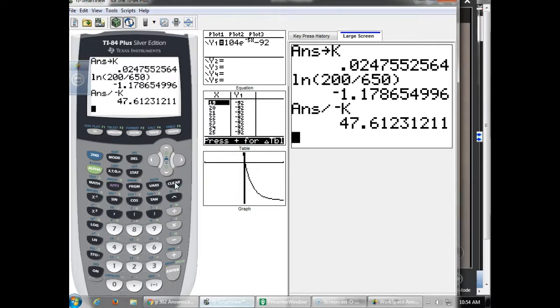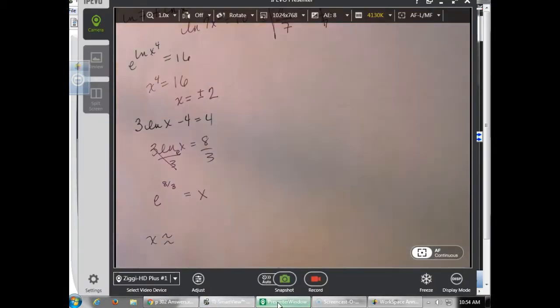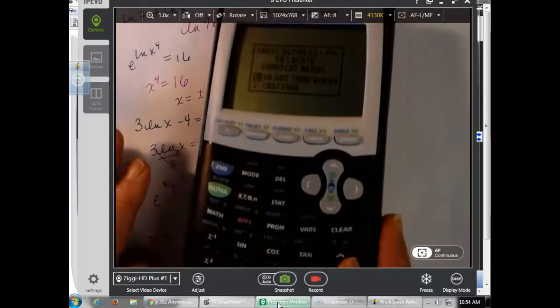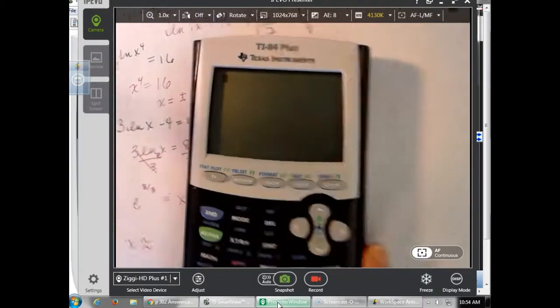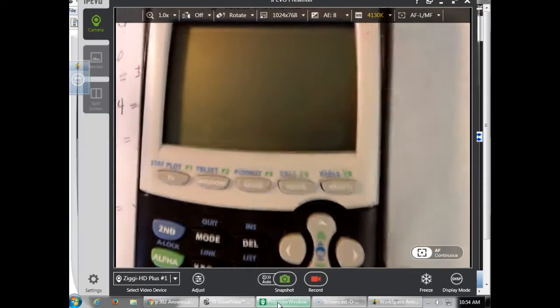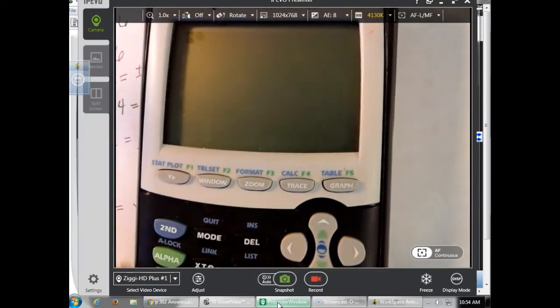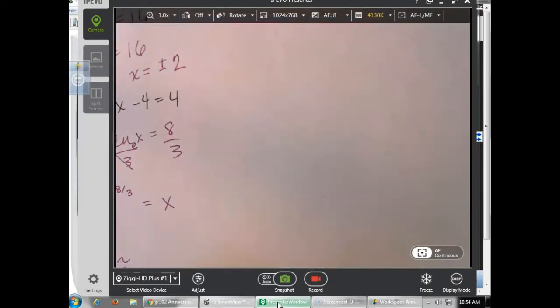I think my calculator has frozen. Okay, I'll just go back and use this calculator. So it's going to be e to the 8/3. Can y'all see that? Okay, so second ln, and then 8 divided by 3, and that's going to give me 14.39. Okay, approximately 14.39.